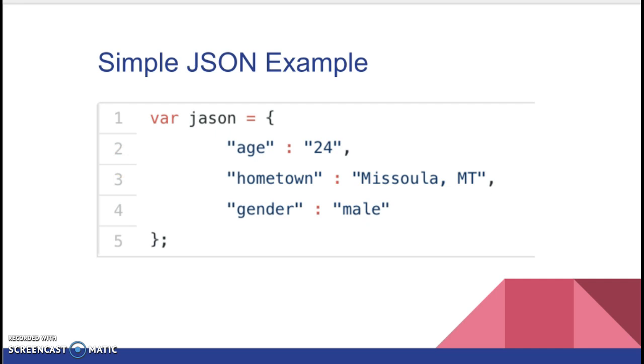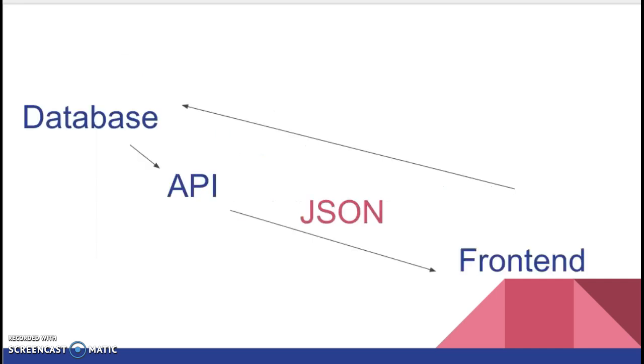So in my mind, this is kind of how I understand JSON to work a little bit. This is a very simple explanation of it, but this is just how it makes sense to me.